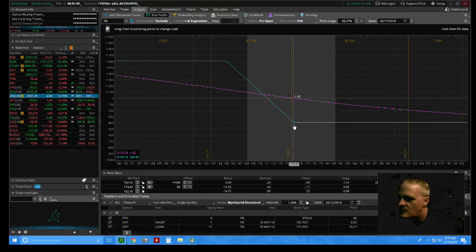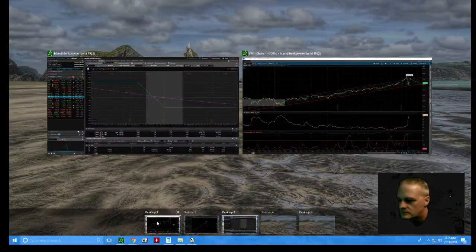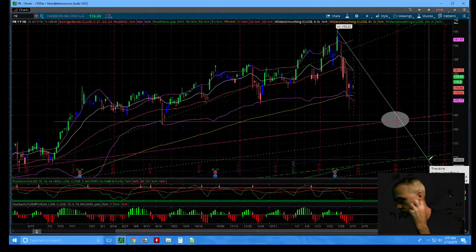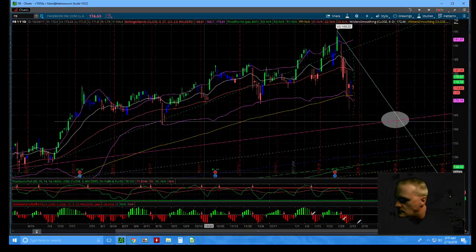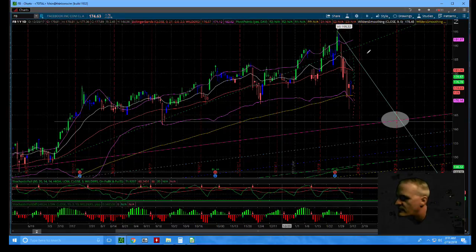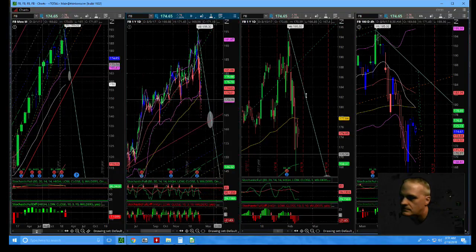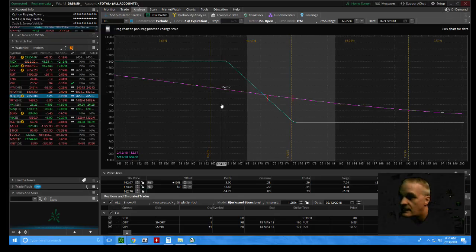Max loss occurs above 175. So that's my Facebook trade. Not kind of, that is my Facebook trade.